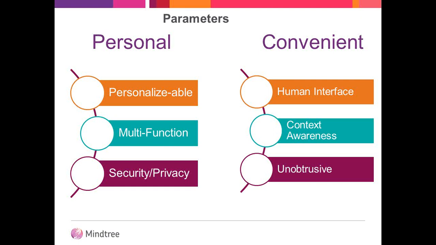You have to look at it as human-like and not from a machine's angle. It's easy for a machine or a phone to put a button, but is this how a user works? May not be. So you have to look at human-like interfaces to make it convenient, whether it is gestures or eye movement. Those are the kind of things we need to be thinking of to address convenience.